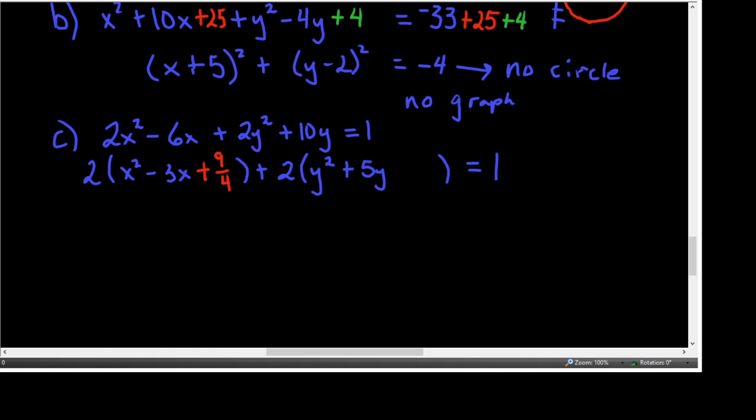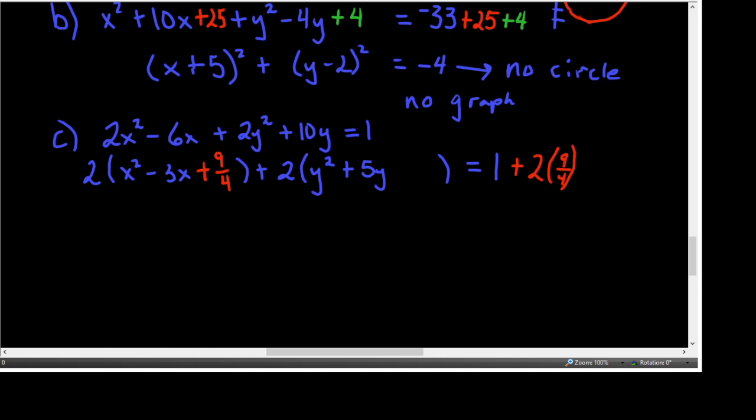Keep in mind, if I were to redistribute the 2, that wouldn't really be a 9/4. It'll be 2 times 9/4. So I've really added 2 times 9/4 to the right side, so I need to remember that I'm adding 2 times 9/4 also on the other side. Pretty common mistake people make at first is to add 9/4, not 2 times 9/4 at this stage.